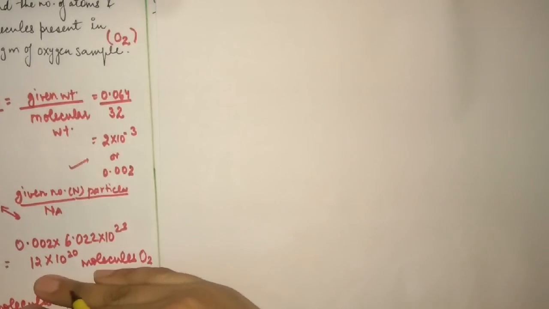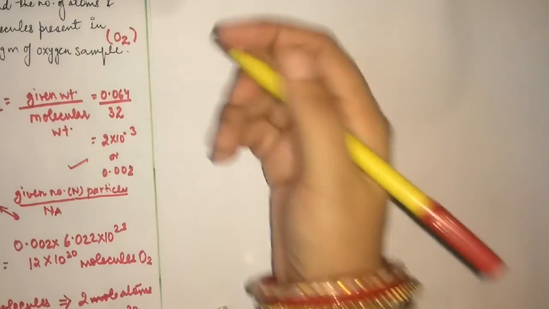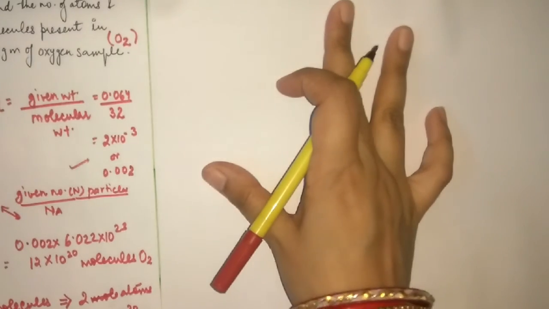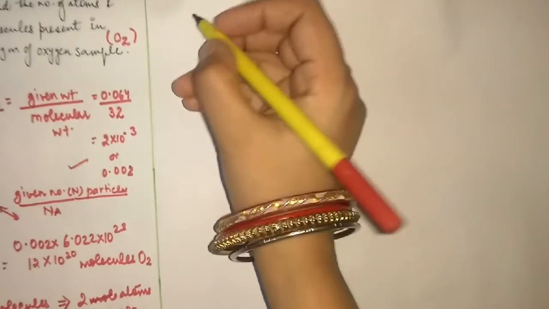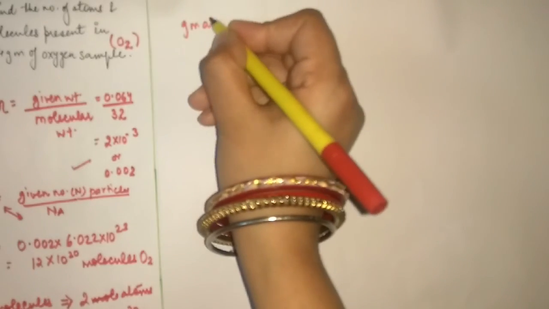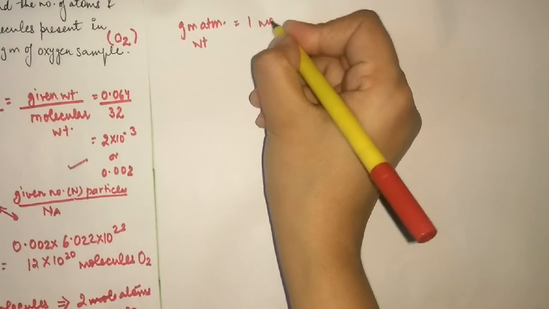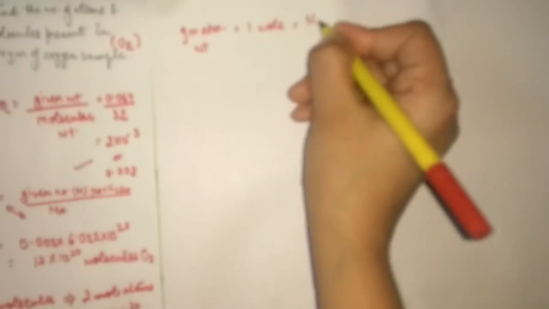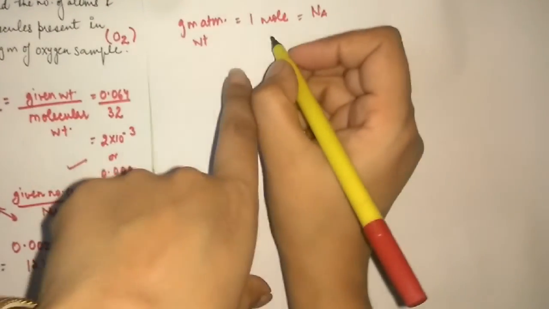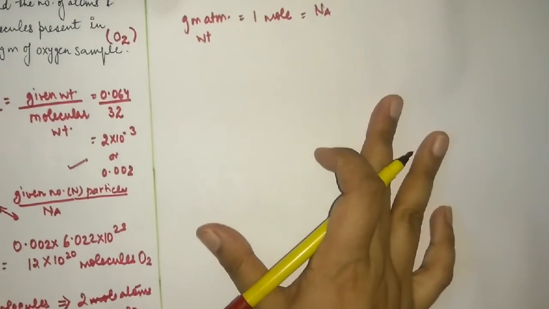This I have shown you how to solve by using the formula. See, these formulas are nothing but derived from the unitary method. Just remember one thing: gram atomic weight equals 1 mole equals Avogadro number. Now, I'll solve this by using the simple unitary method.